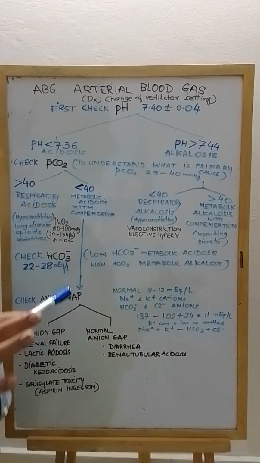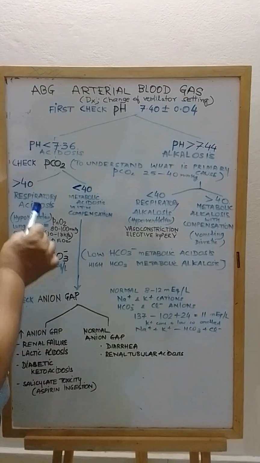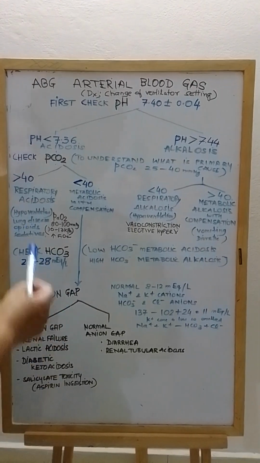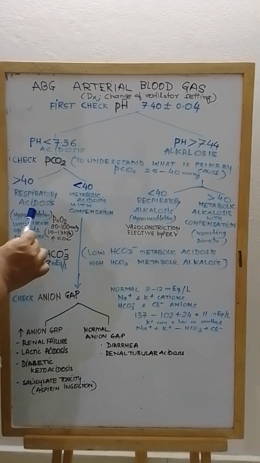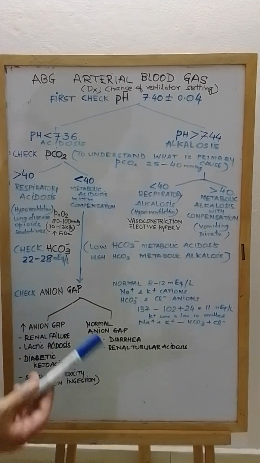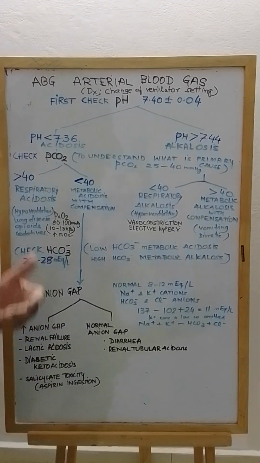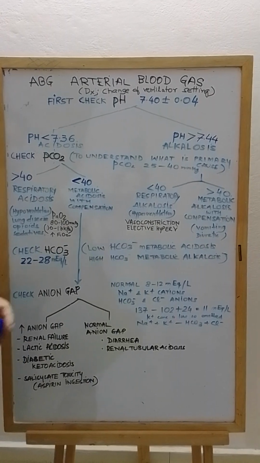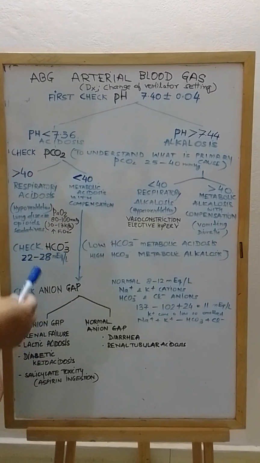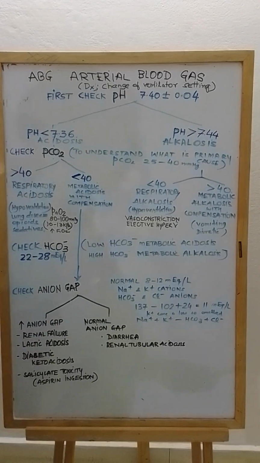The diagnosis is definitive that it is because of the retention of carbon dioxide, which leads to respiratory acidosis. What are the common causes of respiratory acidosis? Hypoventilation, any lung disease, or respiratory suppression because of opiates or sedatives.